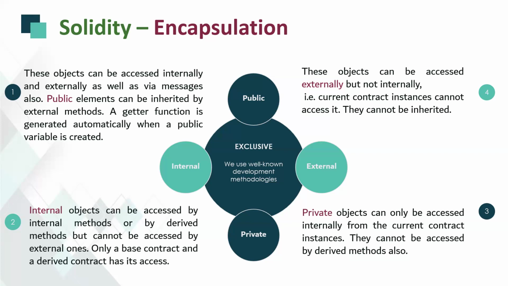But I talked here about classes. Here, internal objects can be accessed by internal methods or by derived methods, but cannot be accessed by external ones. Only the base contract and derived contract have access. So now in Solidity, we should talk about contracts, not classes, okay?